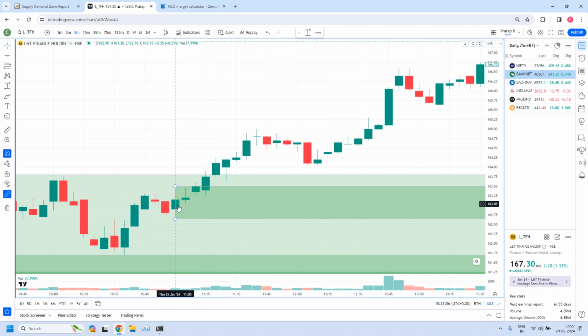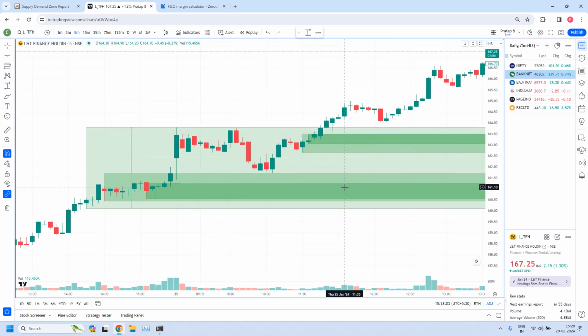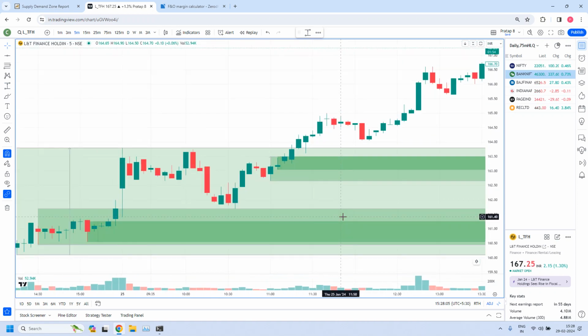This is a leg candle, these 2 base candles. This is the way you can draw your 5-minute zone inside this. See, this is not a great leg out, but there is a follow through candle.